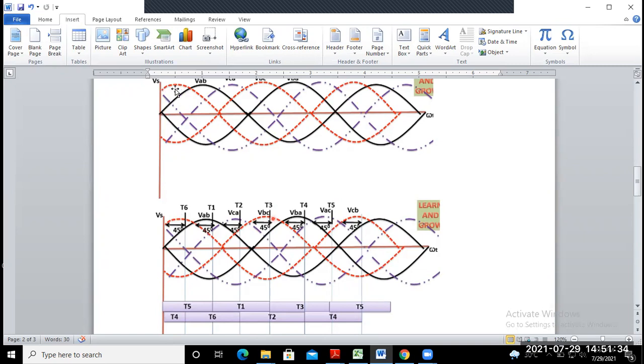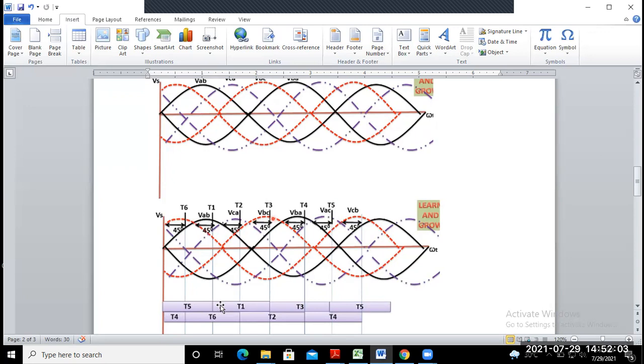So C is your thyristor 5. And at this instant, after the 45 degree delay, here suppose that VAB is the most positive from this point to this point. So when you provide the gate pulse at the delay of 45 degrees, the thyristor T1 conduction starts, is it not?